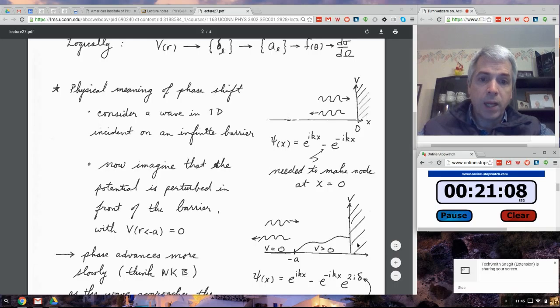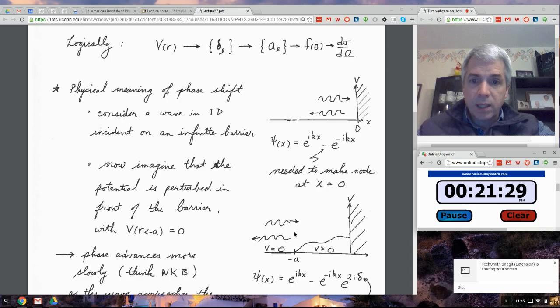There's a flip of sign, there's a flip of the direction of the motion, and the particle rolls right back down the same potential. Whatever phase advance or retard happened on the way in happens in the opposite time order on the way out, so that by the time it gets back to here, it'll have accumulated twice as much phase advance, or in this case, phase retard, as happened on the way in.